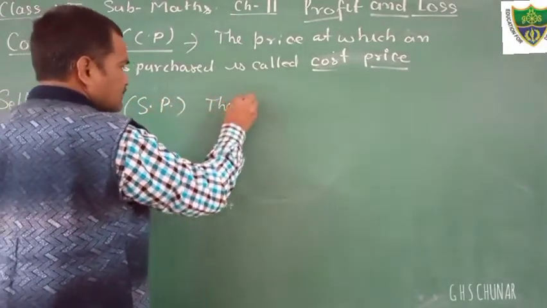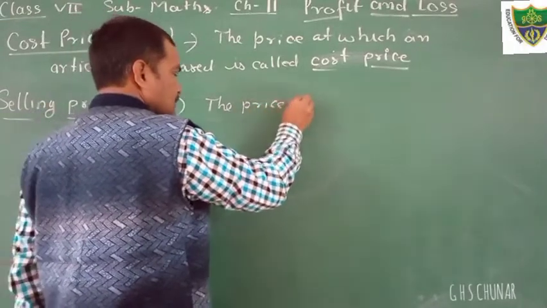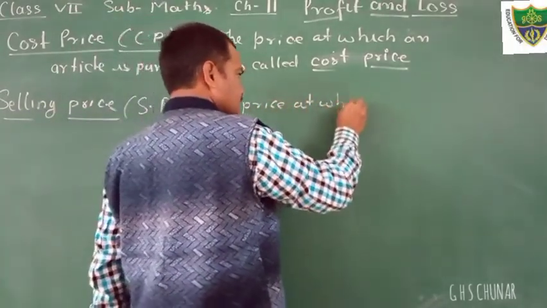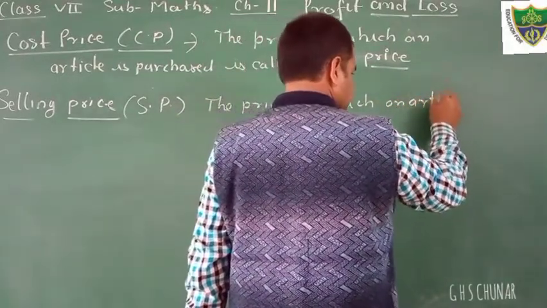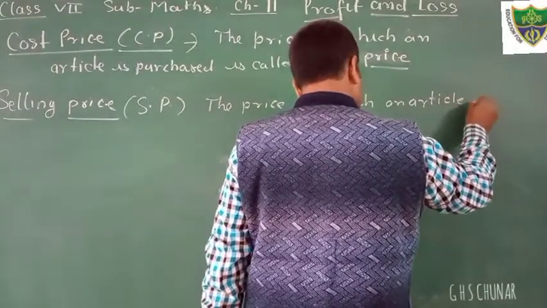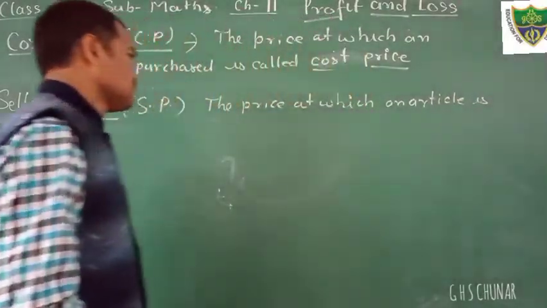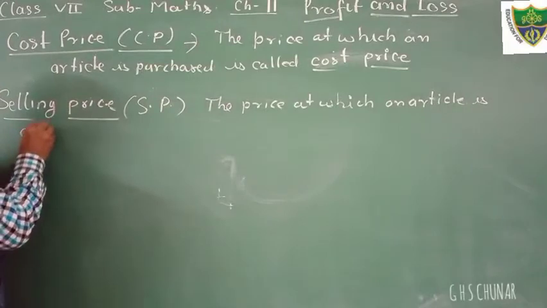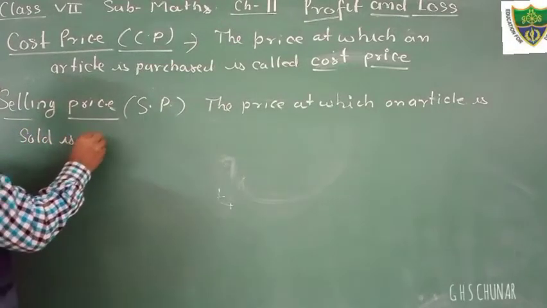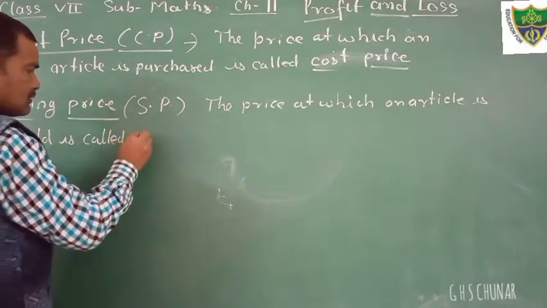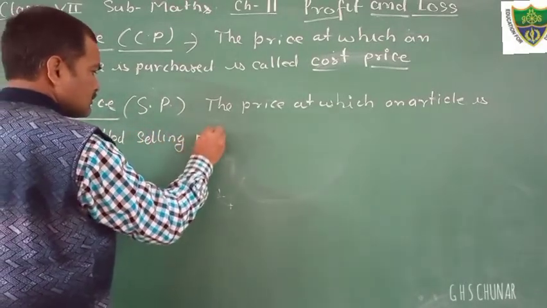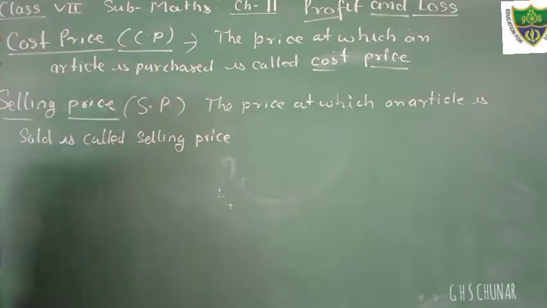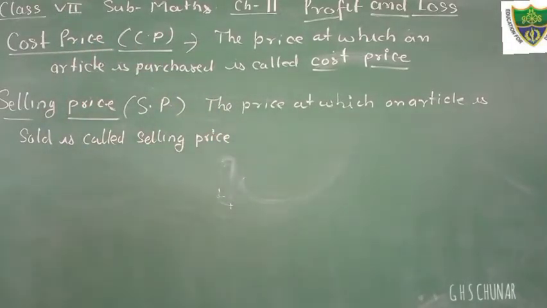The price at which an article is sold is called the selling price. This is called the selling price, and it is written as SP.